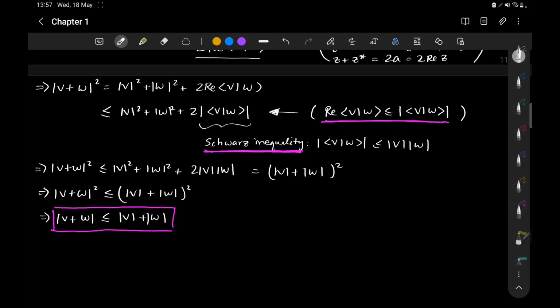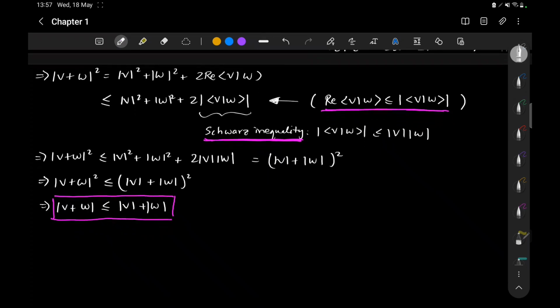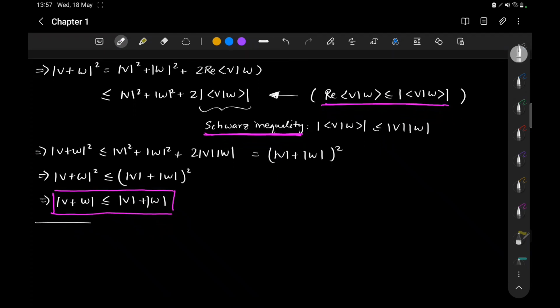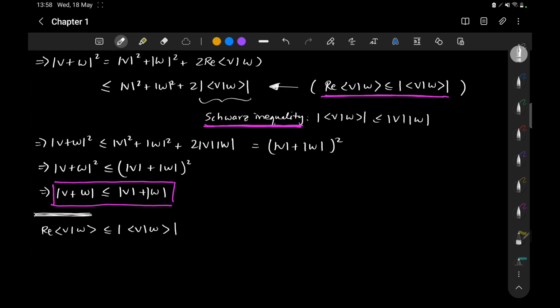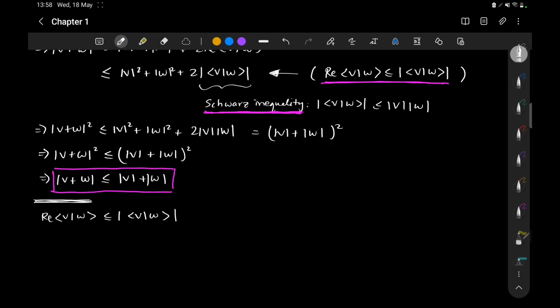So let me write down that inequality once again. This is not a part of the question. The question assumes that we know this inequality. So this inequality says, so this is the inequality. Now clearly you see that the real part will be less than or equal to the magnitude.